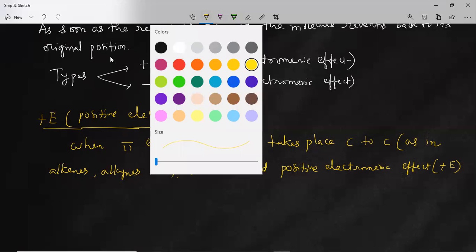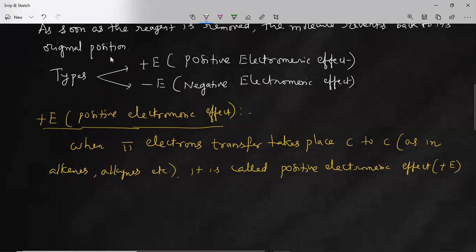So that one we will see. If we have a carbon-carbon double bond, like H2C double bond CH2, and we add an electrophile to this one, what will happen?